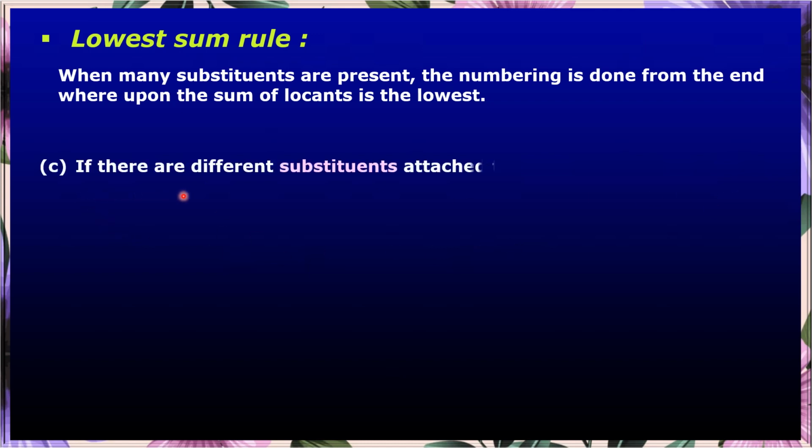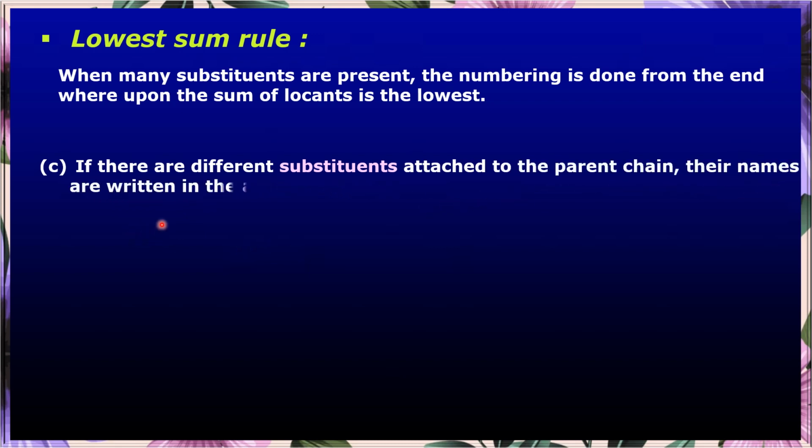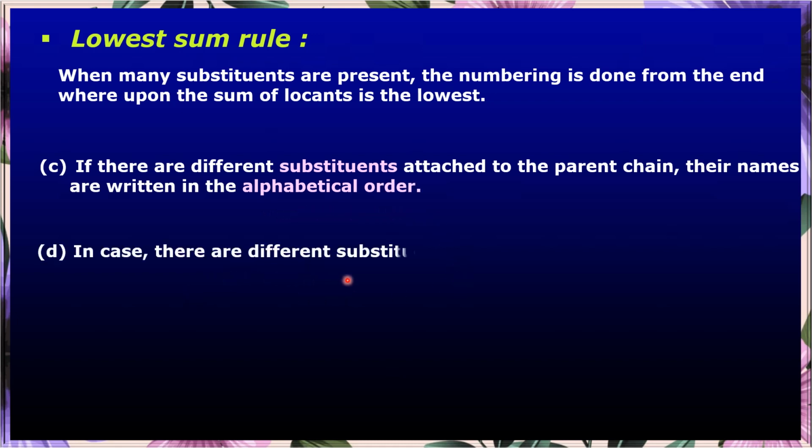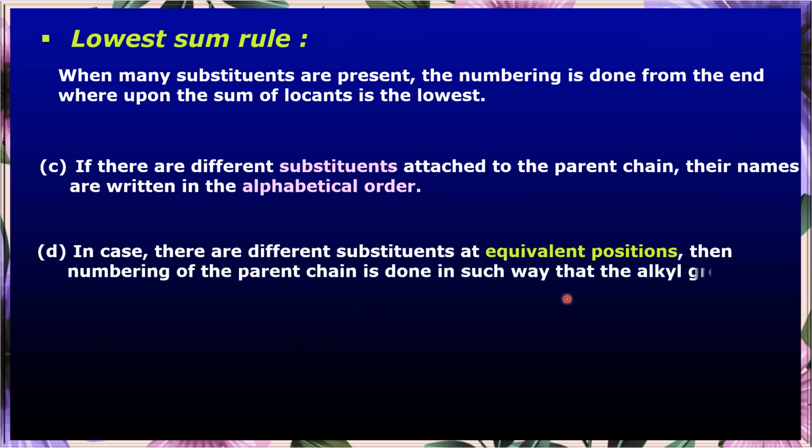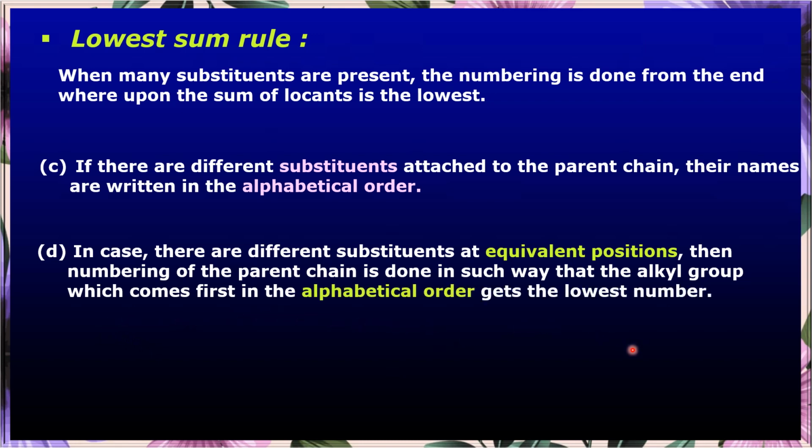See, if there are different substituents attached to the parent chain, their names are written in alphabetical order. And in case there are different substituents at equivalent positions, then numbering of the parent chain is done in such a way that the alkyl group which comes first in the alphabetical order gets the lowest number.